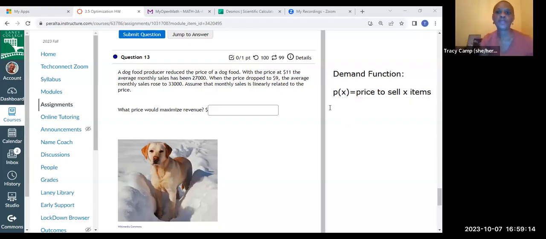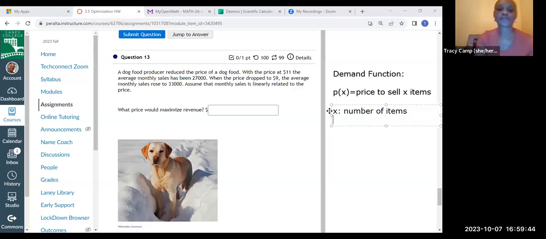So with these business functions where you're dealing with demand, revenue, cost, and profits, you're going to think of your X as the number of items that you're selling, whether it be bags of dog food or tickets or books or t-shirts or meetings with a client, whatever you're selling.